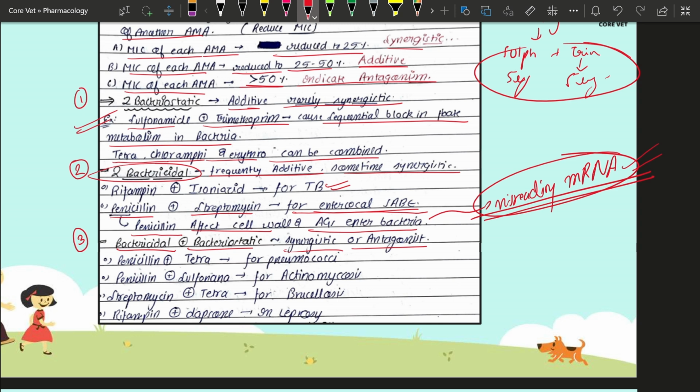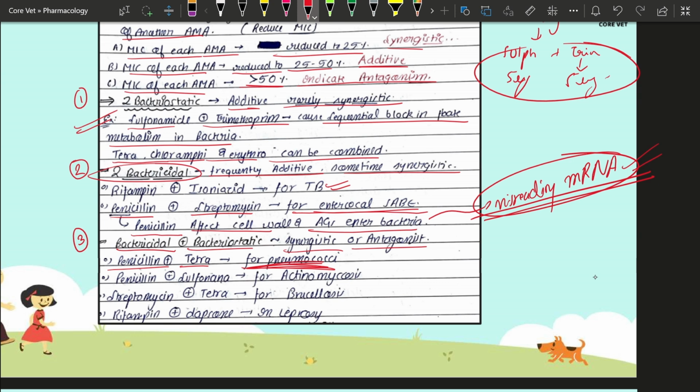So when you combine penicillin, which is a bactericidal, with tetracycline, which is bacteriostatic, it could be used for the treatment of the pneumococci, right?